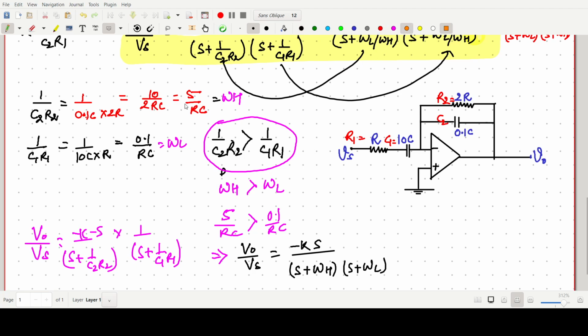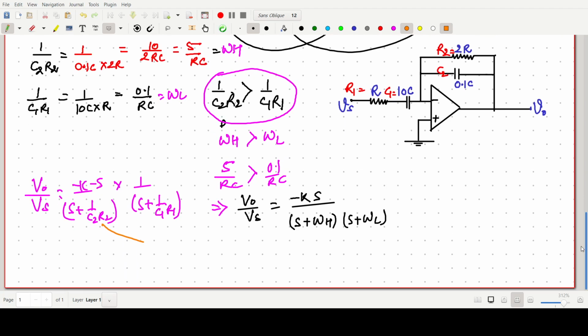This one is the trick. First you have to derive this one in terms of RC. So this one will be the omega H value, and this one will be the omega L value.